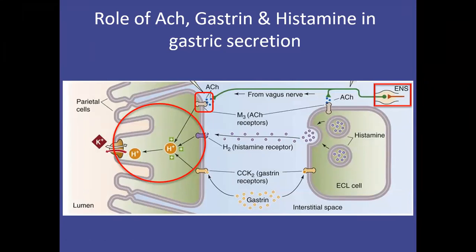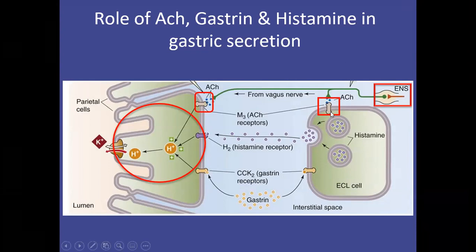But not only directly, acetylcholine may also act indirectly through another cell. This is the ECL cell. What is ECL? Enterochromaffin-like cell. Very good. Basically, this is a histaminocyte. It causes the secretion of histamine. So this ECL cell also has input from acetylcholine.